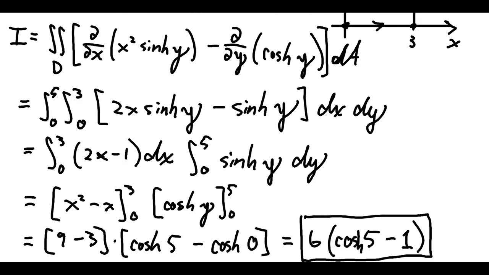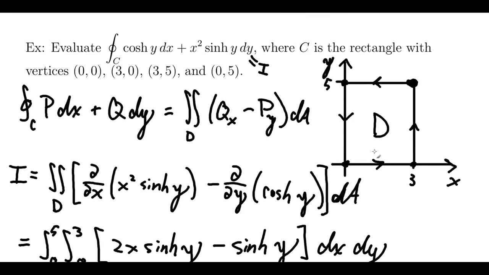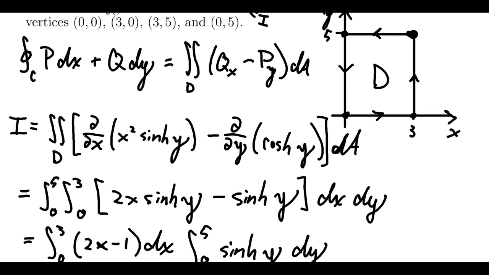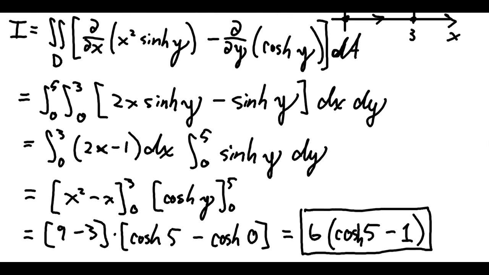It's fine. It's not hard. It's just tedious. You have these 4 individual line segments that you would have to parameterize separately and evaluate independently and add all those up at the end. So this was a nice, quick little example of a case where Green's theorem can make things a whole lot simpler for us.